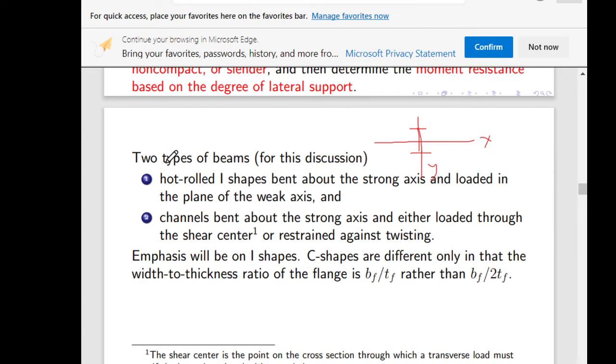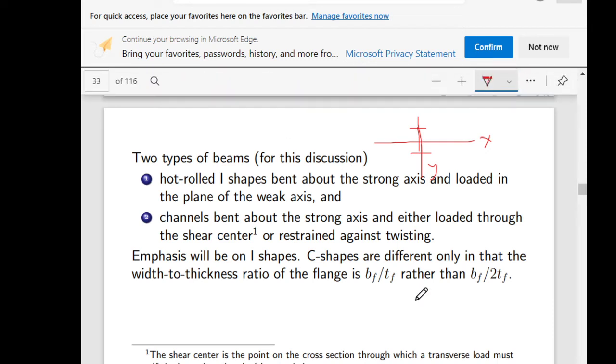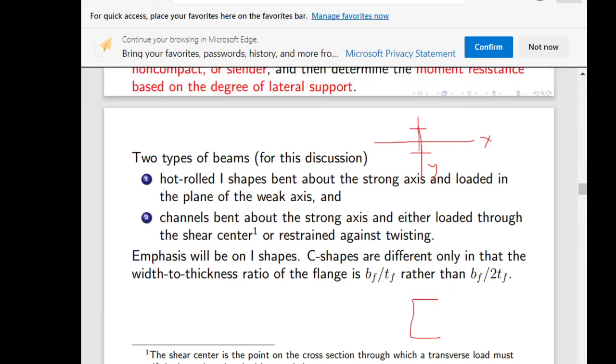Okay, this one is for the other type of beam, the channels bent about the strong axis and either loaded through the shear center or restrained against twisting. So you have C bent about the strong axis. Strong axis is actually X, loaded through the shear center.